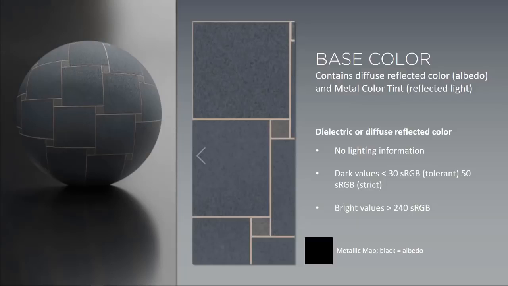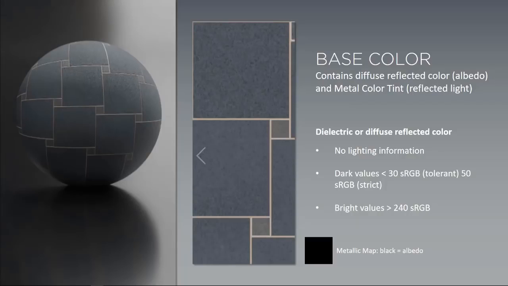So we want to make sure that we're focusing on a metallic roughness workflow, which means it has a metallic map. This metallic map is basically just a grayscale mask, where black equals non-metal and white values equal metal. That mask is used in conjunction with the base color.